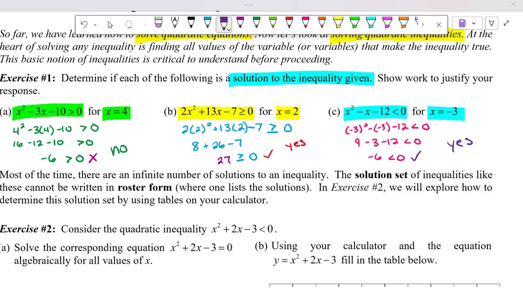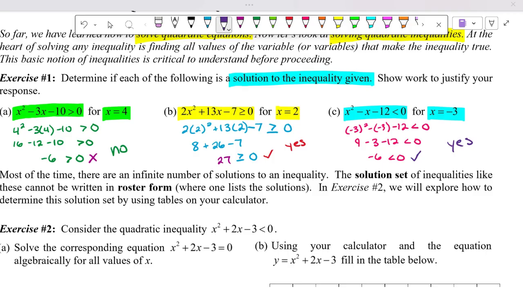All right, so is -3 part of the solution set? Are you guys sure? All right, so thumbs up if you say yes, thumbs down if you say no. It's yes.